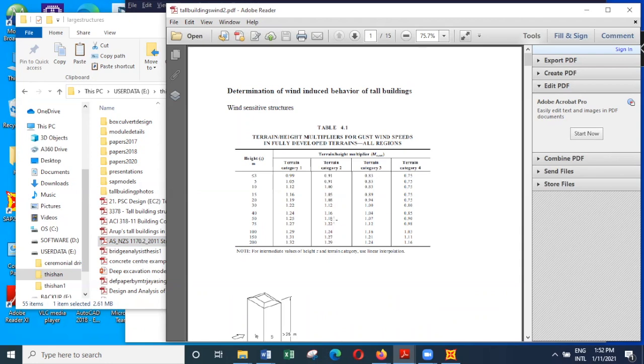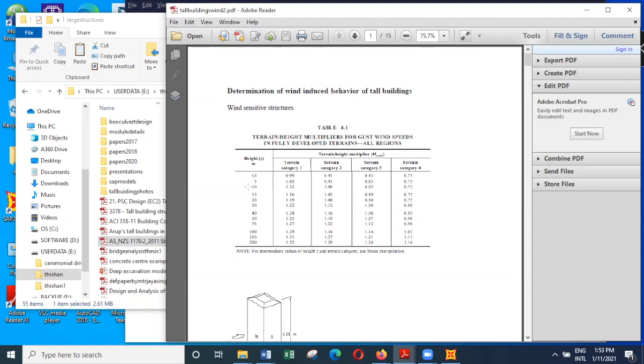And when you consider the terrain category, you can see for a 30-meter tall building the terrain multiplier is 1.09, so basically we have to adjust the wind speed to suit that.